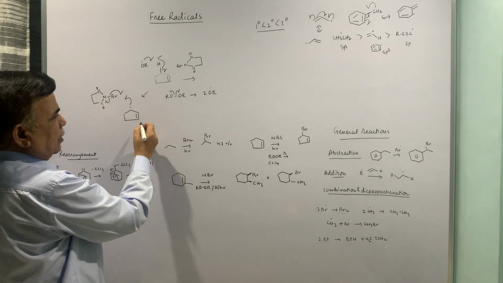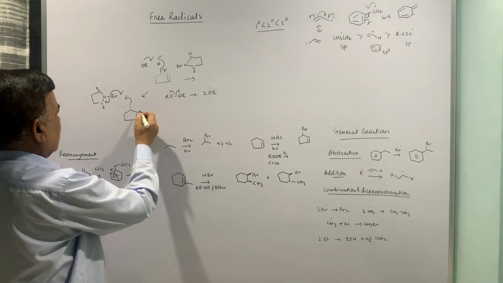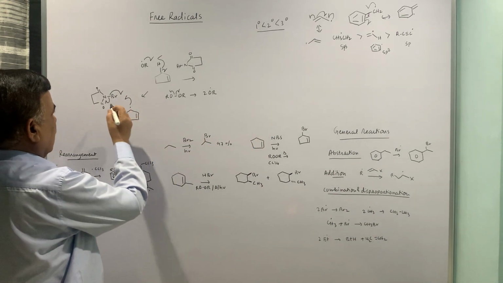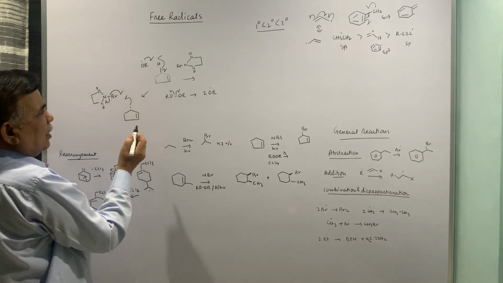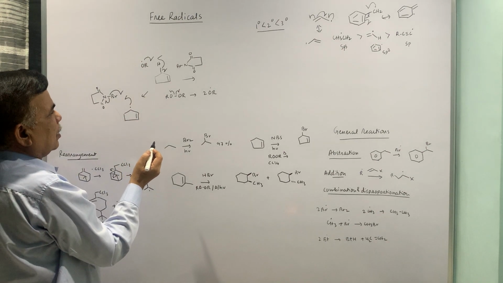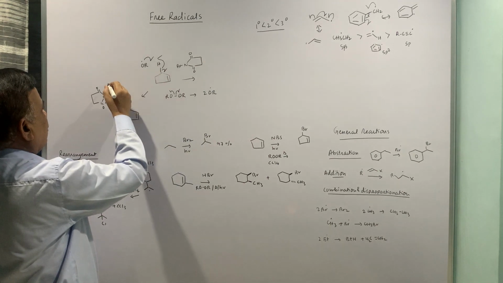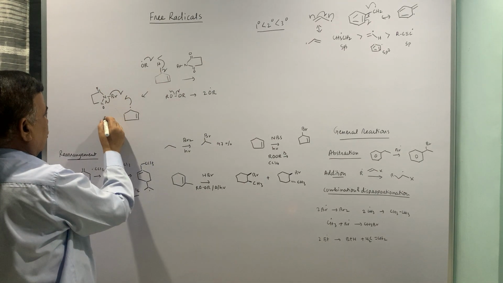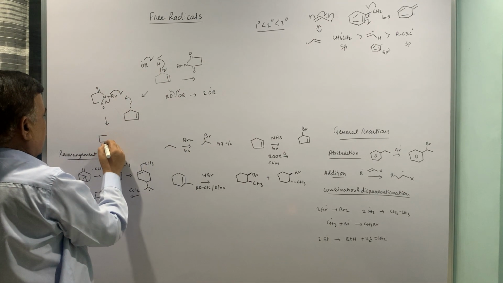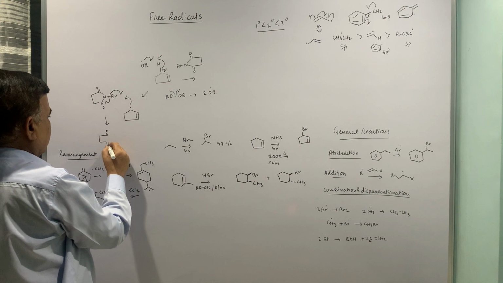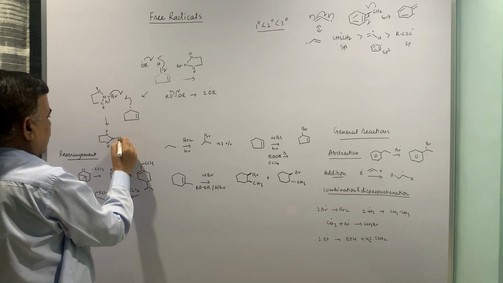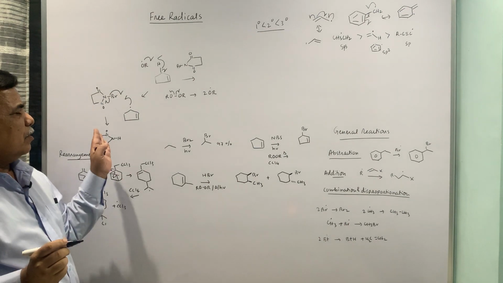So this forms the compound, the product, and this N dot will take up a proton from alcohol. So this will ultimately become succinimide. So that is the byproduct.